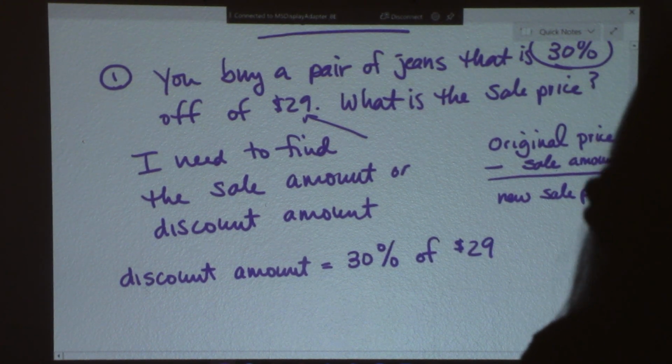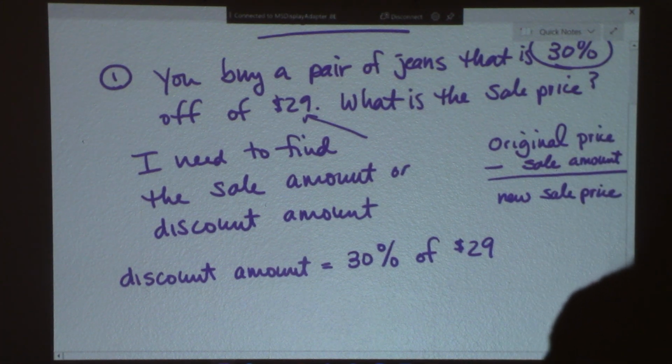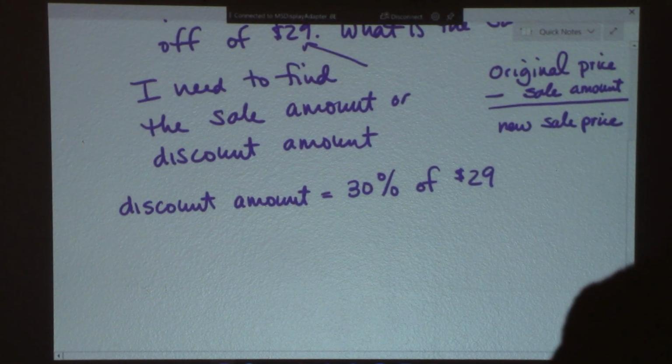Of is a huge word that we know, and we've done stuff like this already in chapter 9, right? All of that percent stuff that we did. Now, I'm just going to call this X here. My discount amount is X. That's what I'm trying to find.